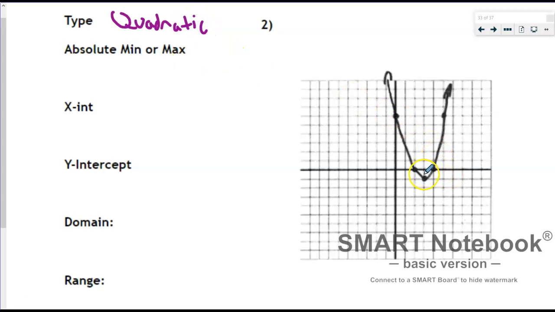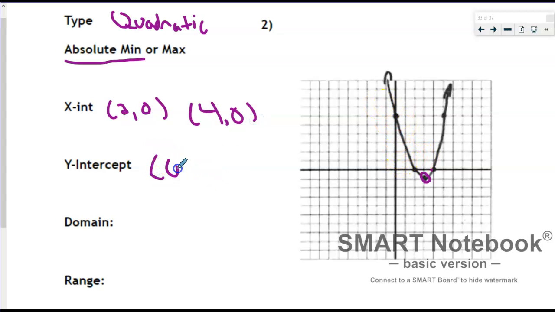Okay, and then it does have a low point, so we'll call that an absolute min. It does have two x-intercepts. It looks like it has one at (2, 0), and another one right there, which is (4, 0). It does have a y-intercept, and that y-intercept is at (0, 6).